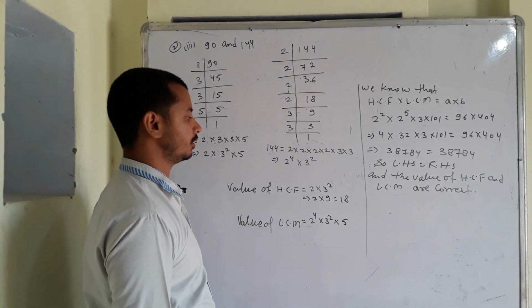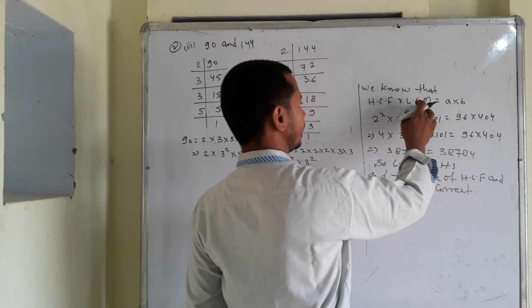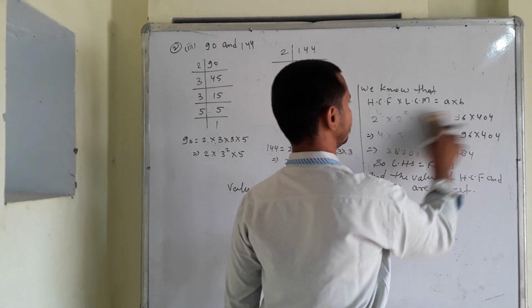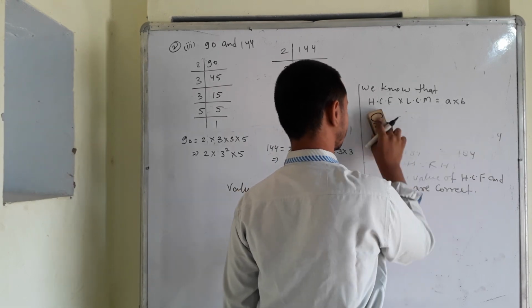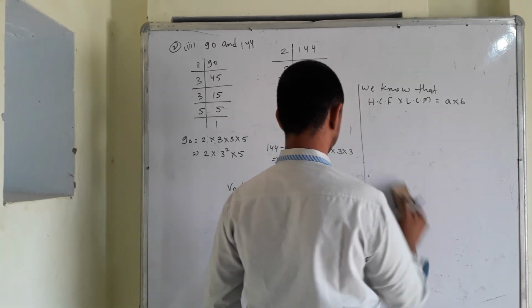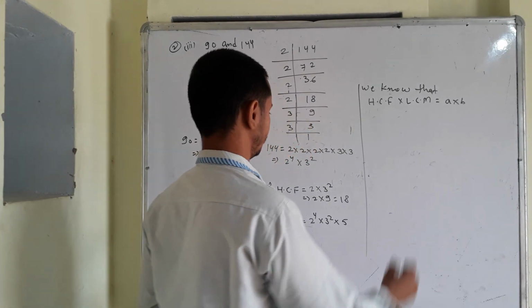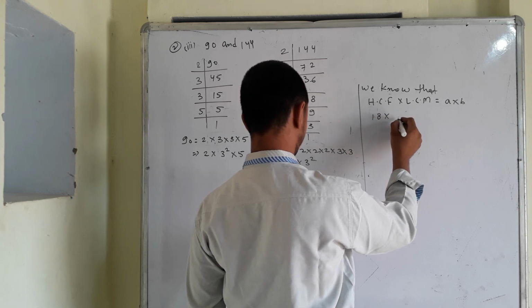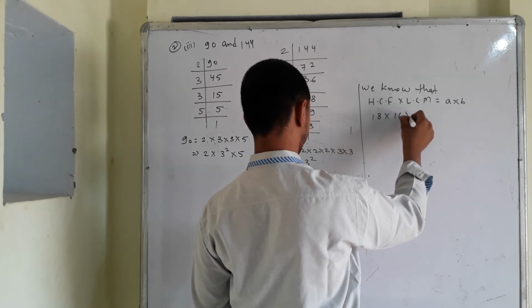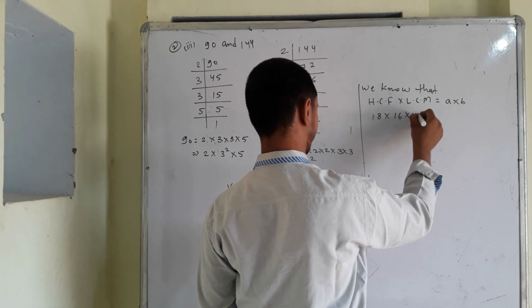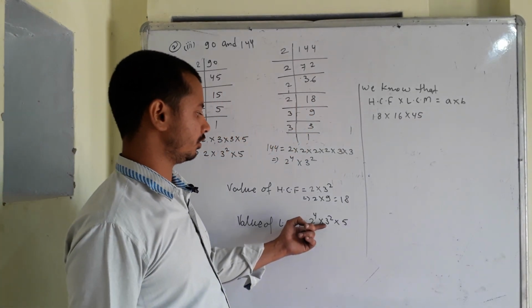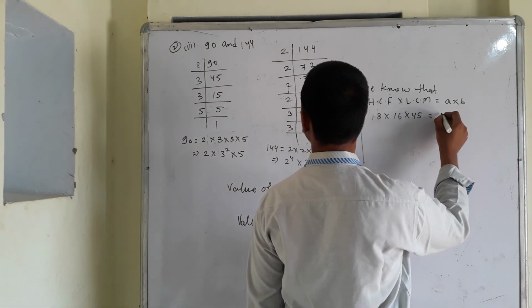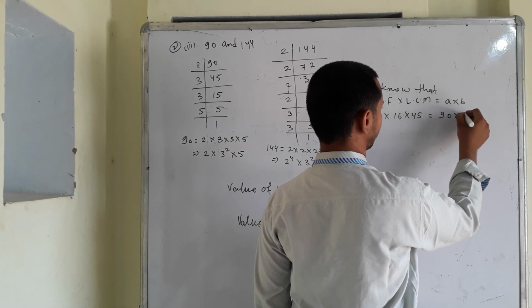Again we know that HCF multiply LCM equal A multiply B, then we find 18 multiply 2 power 4 equals 16 multiply 45, square of 3 equal 9 and multiply 5, so we find 45, equal 90 multiply 144.